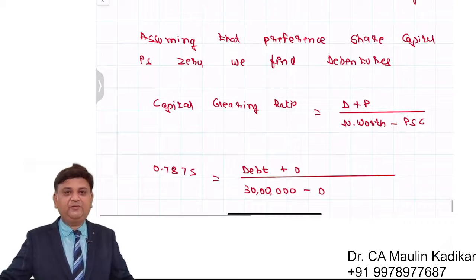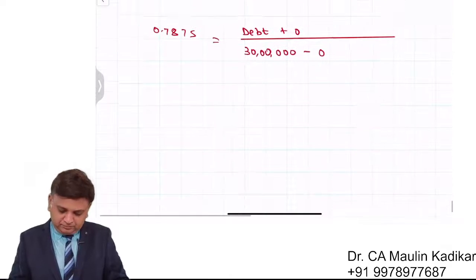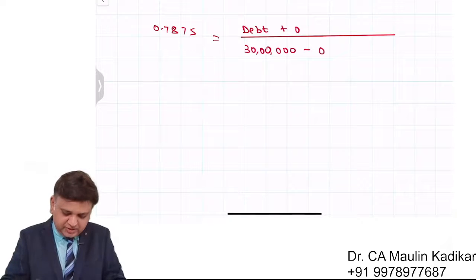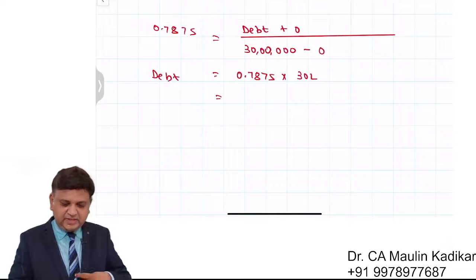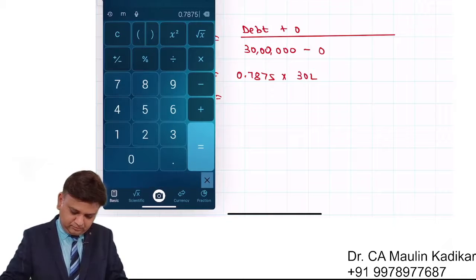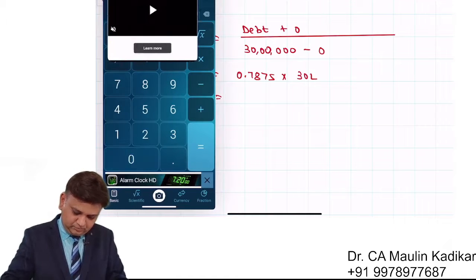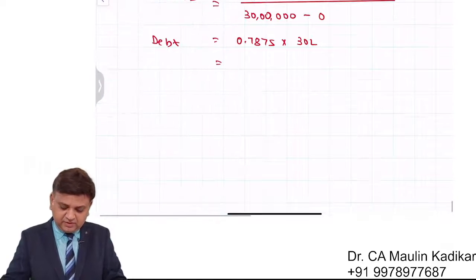So now debt will be found as the balancing figure. So the debt financing would be 0.7875 into 30 lakhs. That comes to 23,62,500.